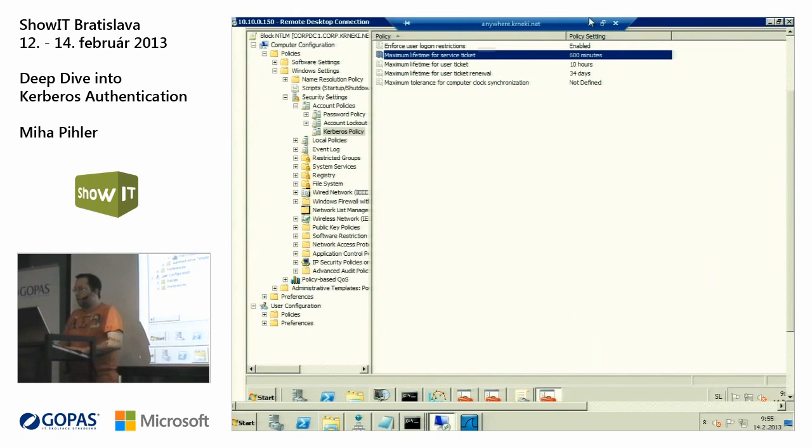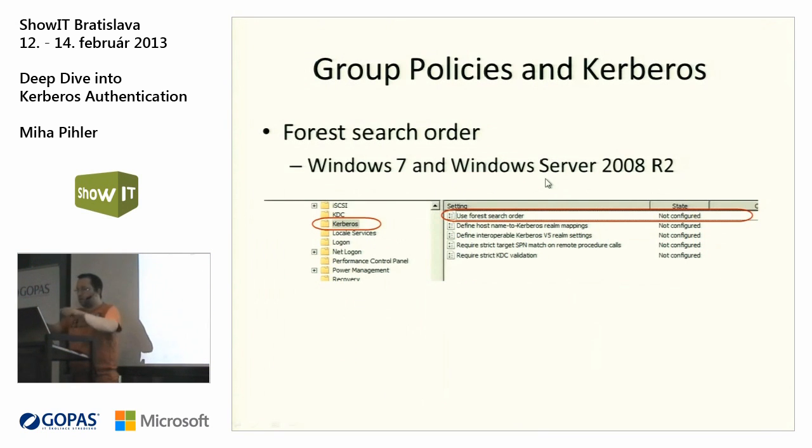And what else? There's another option if you have a lot of forest trusts and you want to have Kerberos with them. If you disable NTLM, like I said at the beginning, we want to talk to the other forests with Kerberos. We can use forest search order. This is actually a client setting.